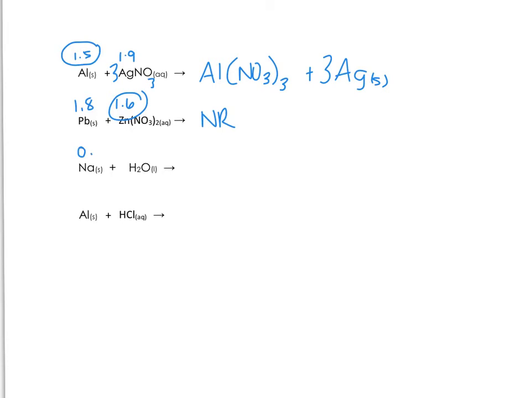Sodium is 0.9. Hydrogen is 2.1. So again, definitely have a reaction here, metal plus water. The lowest electronegativity wants to be in the compound, so same thing's going to happen, we're going to form a hydroxide as a compound, and we're going to make hydrogen gas as a product.